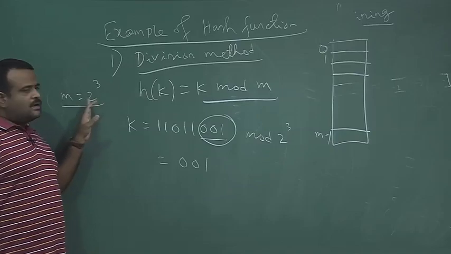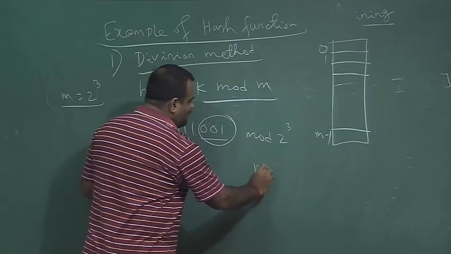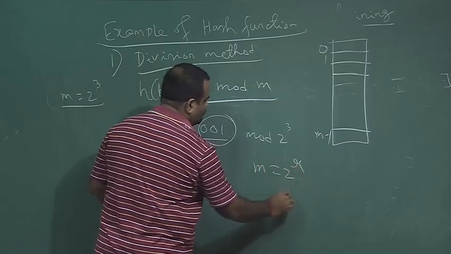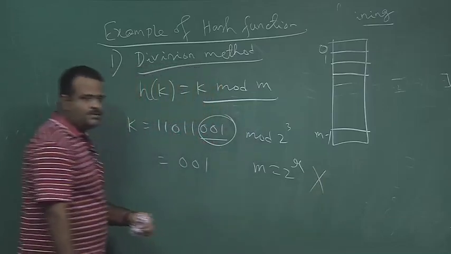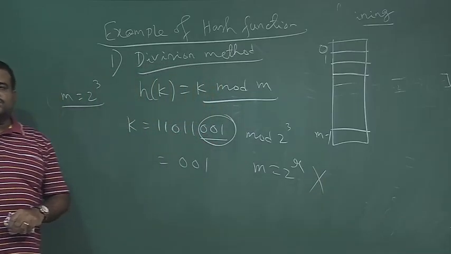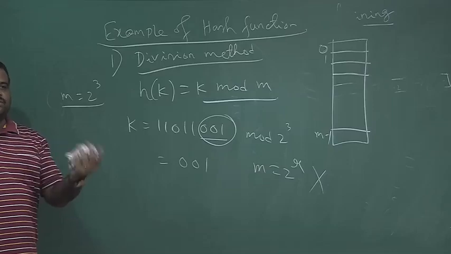So, the choice of m in this form is very bad; 2 to the power r is not a good choice. We will try to avoid choosing m to be 2 to the power r or 10 to the power some power.